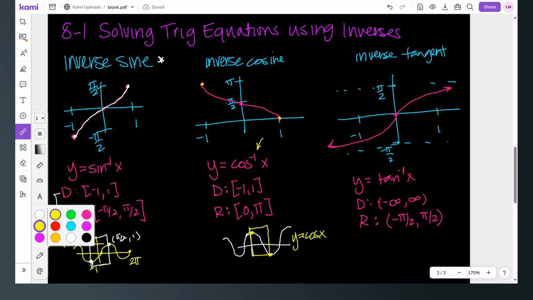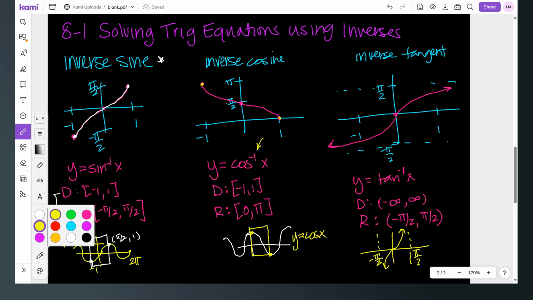And then for tangent inverse, remember we had vertical asymptotes for tangent at pi over 2 and negative pi over 2, and then my tangent graph did this. Well, you could kind of flip your screen. It looks a little similar.